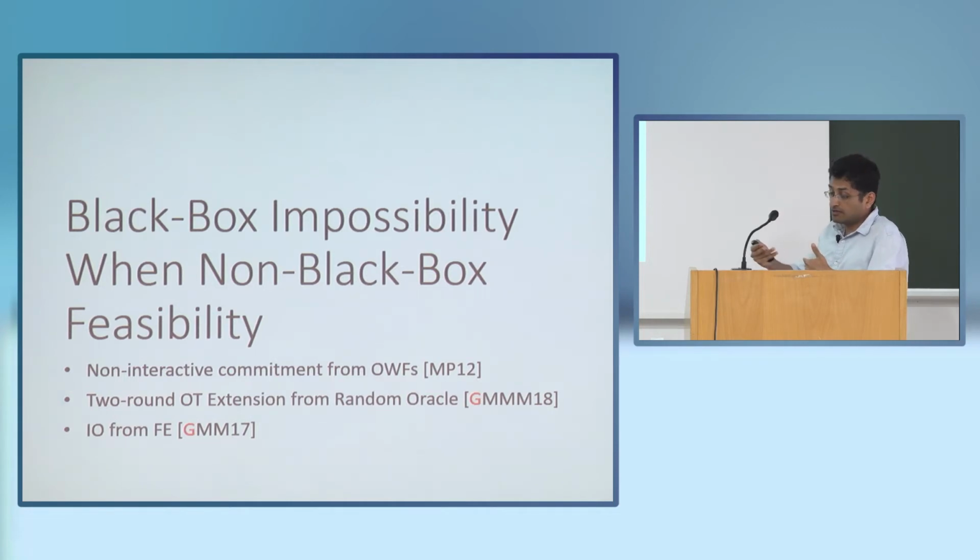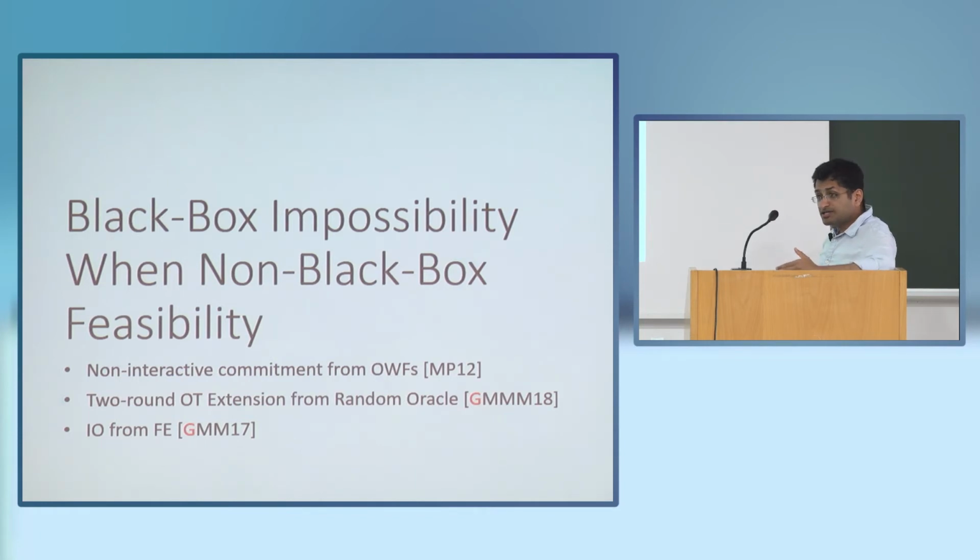If we have a non-black box construction, it's interesting to improve on it to get a black box result, because it's typically going to be the case that the black box construction is going to be more efficient. And there are several examples where we have non-black box constructions and black box impossibility results.